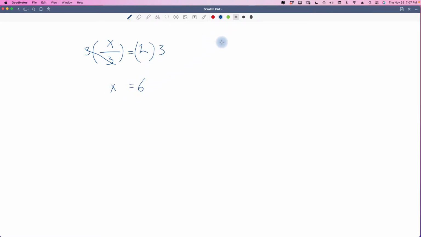Or you might have a problem like this: x plus 2 is equal to 8. When we subtracted 2 from both sides, we would find that x is equal to 6, right? Or maybe you had a problem like this: 3x is equal to 18.